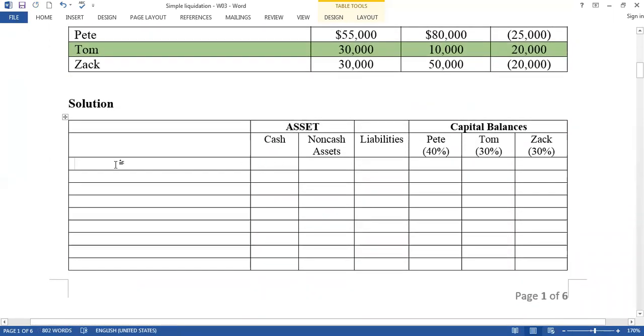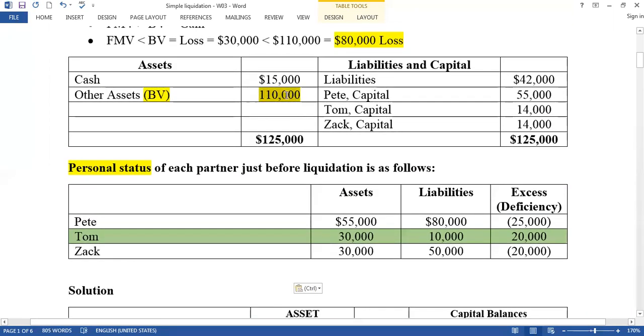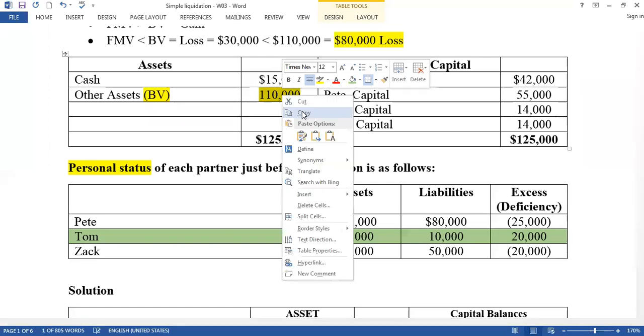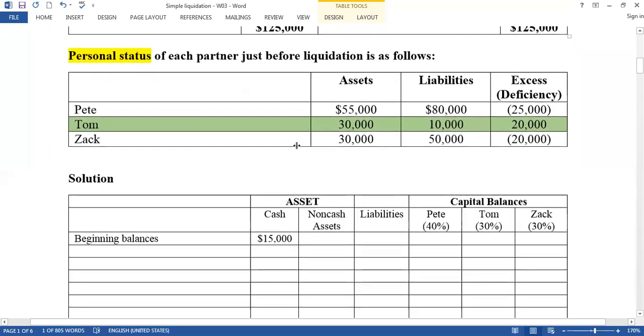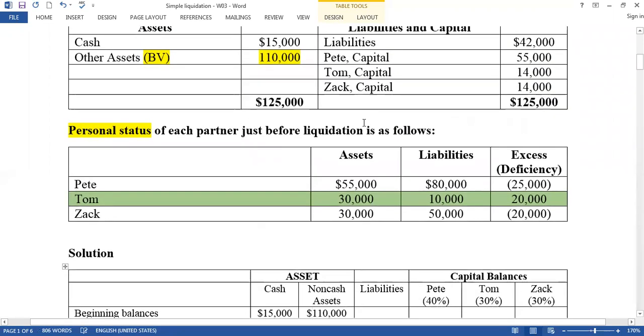So we can give a title: beginning balances. We have $15,000 cash balance. From the question, we just copy and paste. We have $110,000 other asset. Then what is the balance of our liabilities?